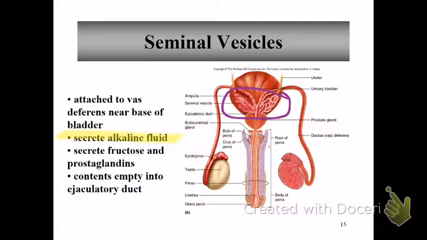They also secrete a sugar so that the sperm have nutrients. They have sugar, fructose, right? The contents empty into the ejaculatory duct. So as soon as the alkaline fluid and the sugar and the sperm get there, they empty out into the bottom of it. But don't they look like eyes of an angry bird to you?